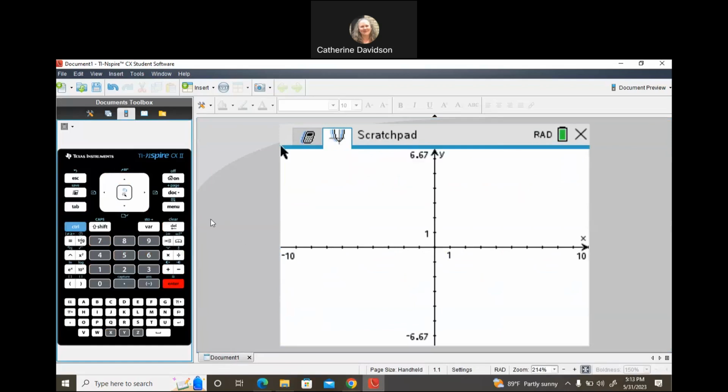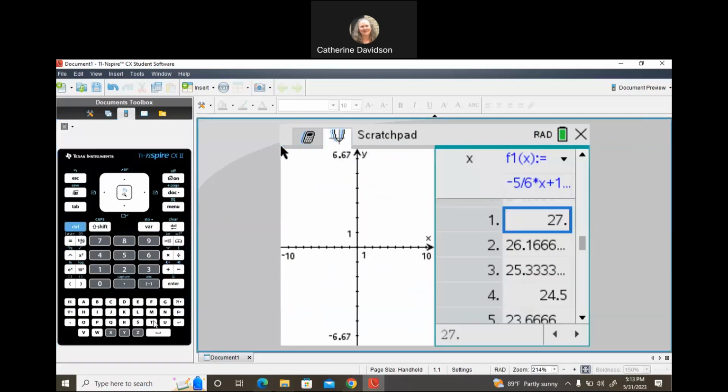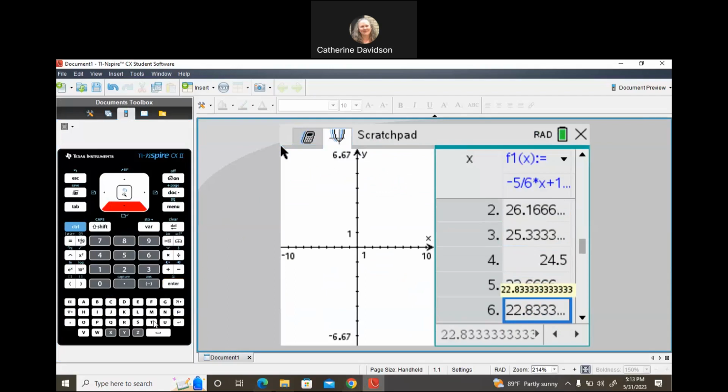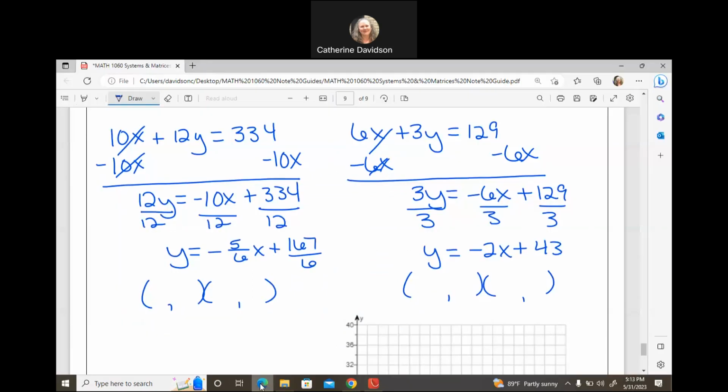All right, I can't see it on the grid. That's not a big deal. I just need 2 points off of there. So 1 and 27 and 7 and 22. 1 and 27, 7 and 22.